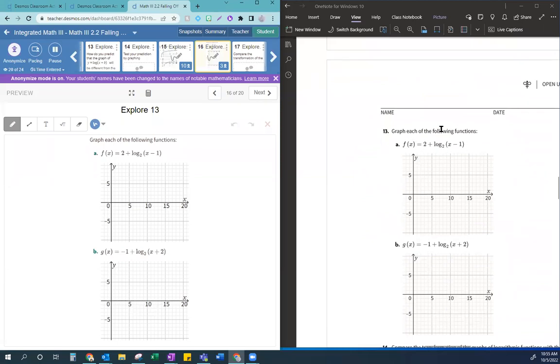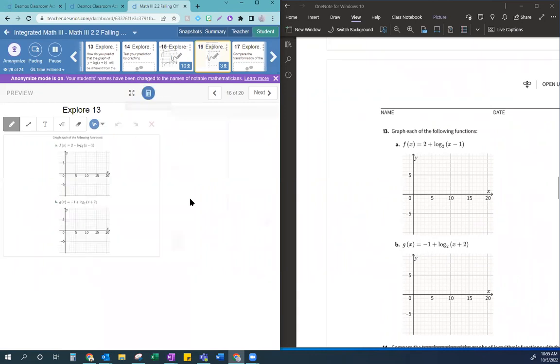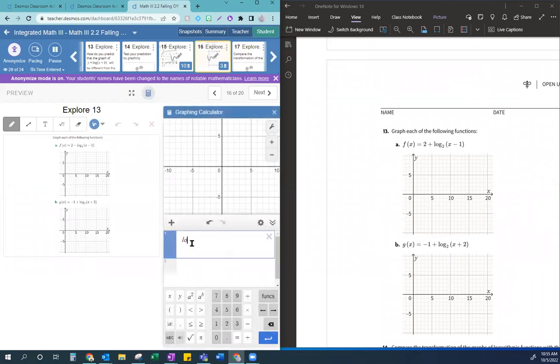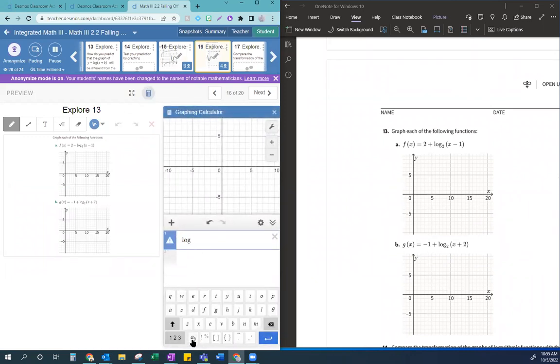So looking at this guy here, pick a variable, either X or Y, and tell me how they moved your original graph. So your original graph is still your log base 2 of x. Your original function, that's your parent function. Pick a number and tell me where it moved to.